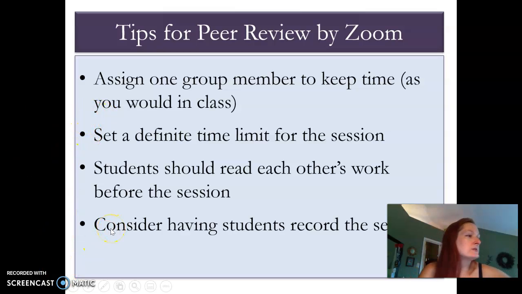Now, I know a lot of us are teaching via Zoom lately because of the pandemic and everything, and sometimes just because we're teaching at online universities and whatnot. So here are some tips for peer review by Zoom. One good tip is to assign one group member in a peer review group to keep time, just like you would in a face-to-face class.